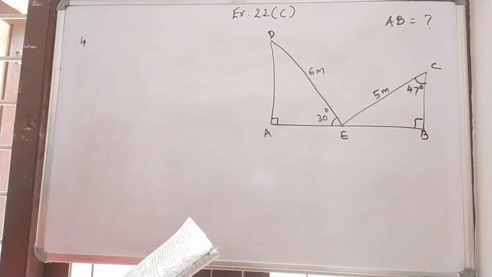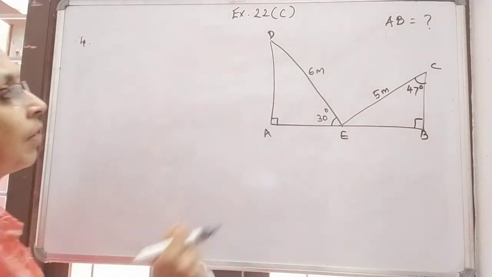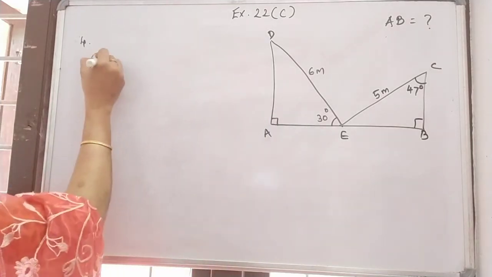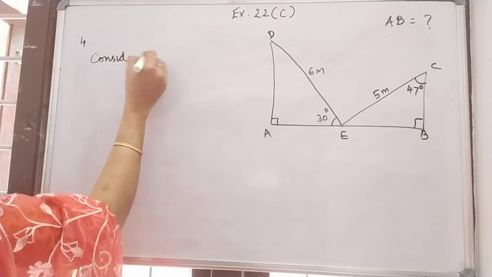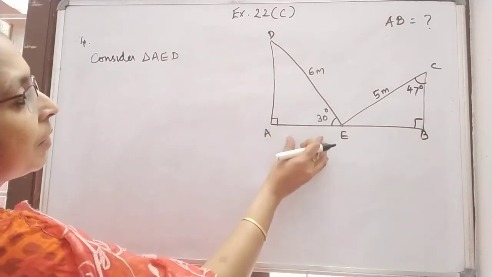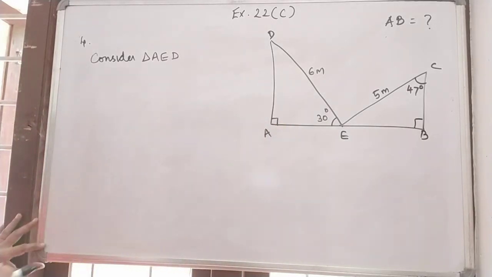Fourth question. Calculate AB. Look at this figure. So which triangle can we consider? Consider triangle AED. We have to find out AB. From this triangle we will get AE. So how can we find AE?